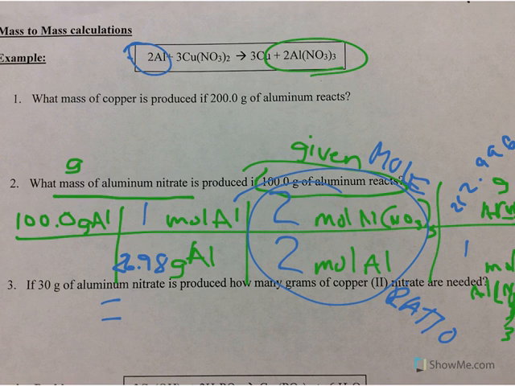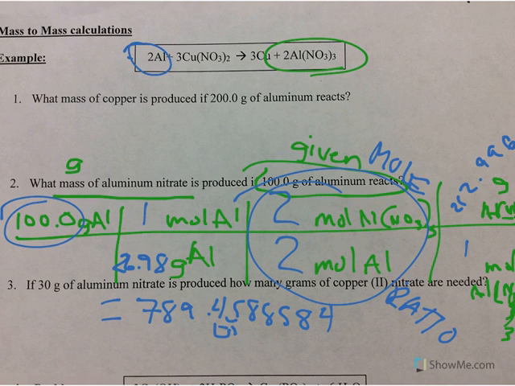That's going to get me, sorry I'm running into number 3, this is still number 2, 789.4588584. Rounding that to 4 sig figs, okay? The number after 4 is greater than 5, so I'm going to round this to 789.5, and that's grams of Al(NO3)3.